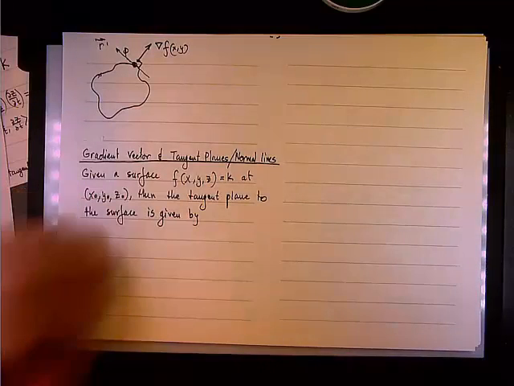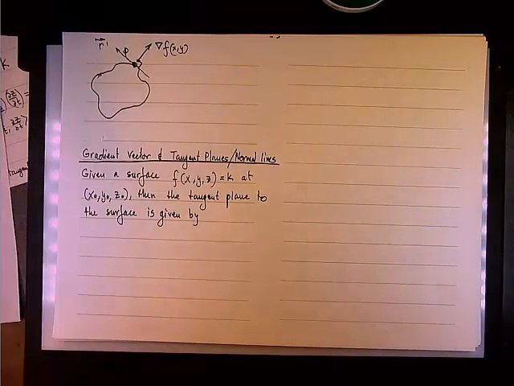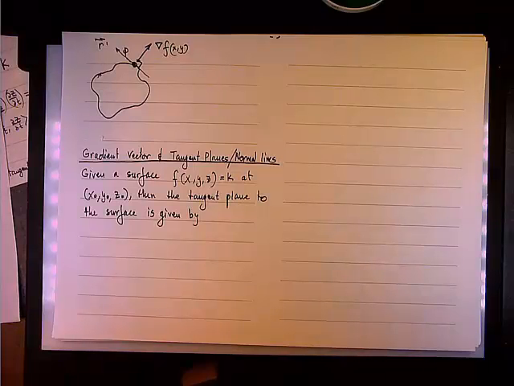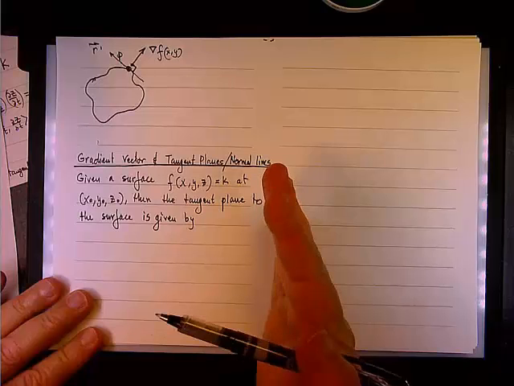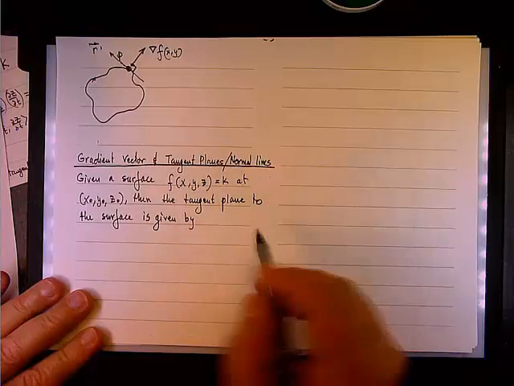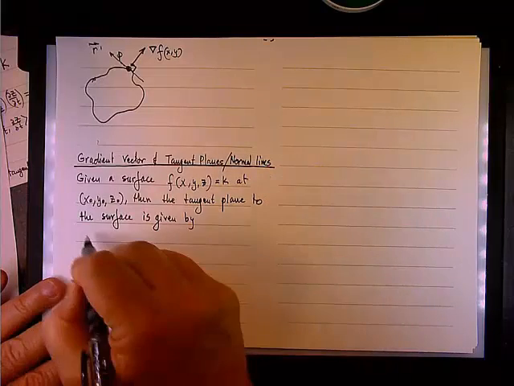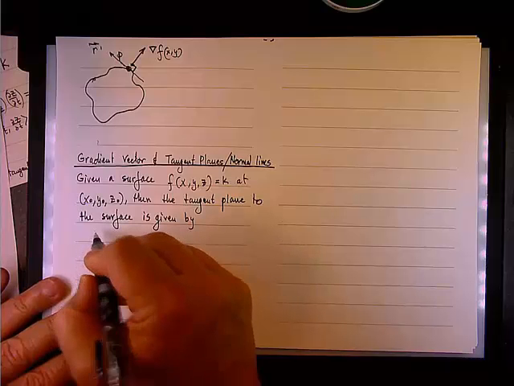If you recall, the equation of a plane is a times x minus x sub 0 plus b times y minus y sub 0 plus c times z minus z sub 0 equals 0, where a, b, c are the direction numbers of the plane. In other words, the vector components of the normal. In this case, those components will be the components of the gradient.